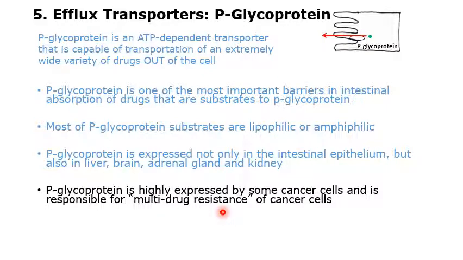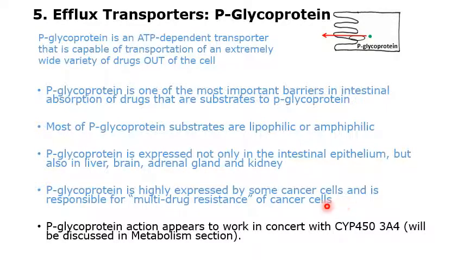An example of cancer cells that are resistant to the treatment of paclitaxel is breast cancer cells. PGP also appears to work in concert with cytochrome P450, mainly 3A4. This will be discussed later in the metabolism section of this lecture.